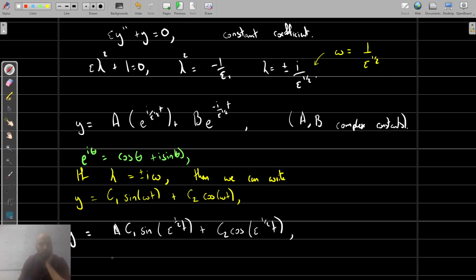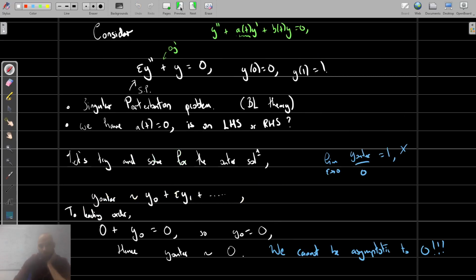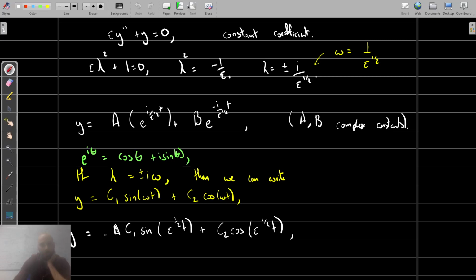And now we just need to apply some boundary conditions. Let's remind ourselves what they were. Here we go: we've got y of 0 is 0 and y of 1 is 1. So for y of 0 equals 0, we've got c1 sine of 0 plus c2 cos of 0, which is c2, equals 0.